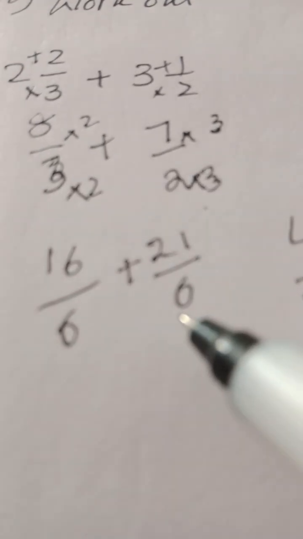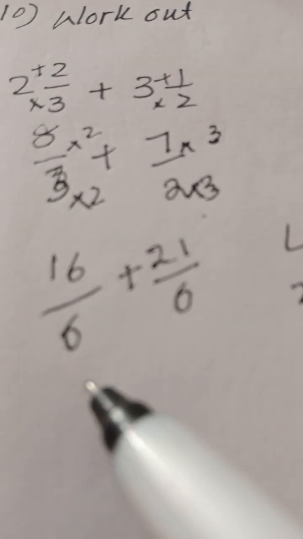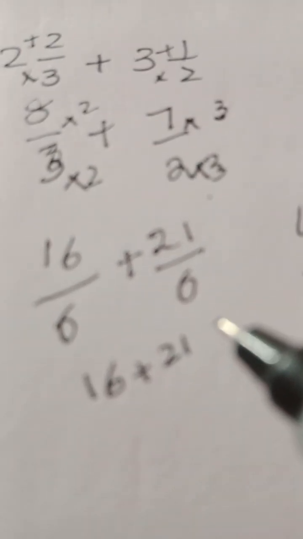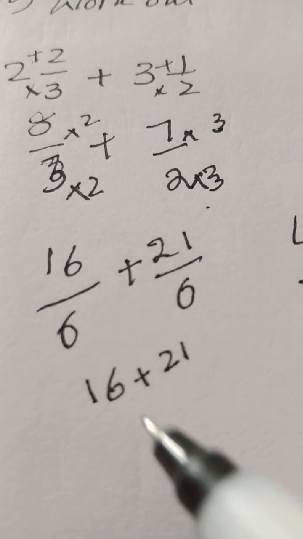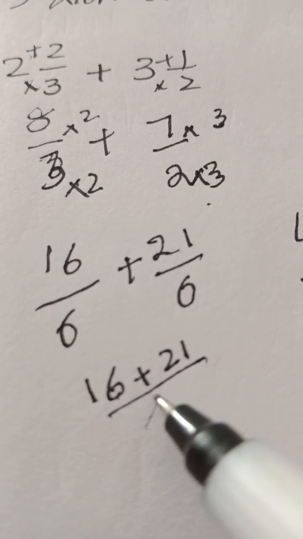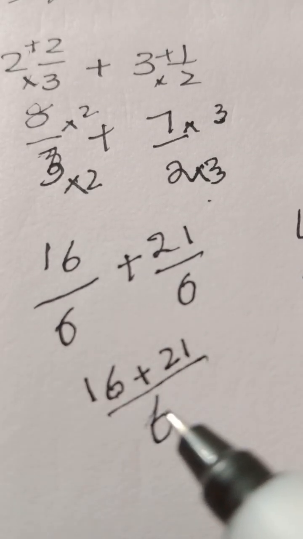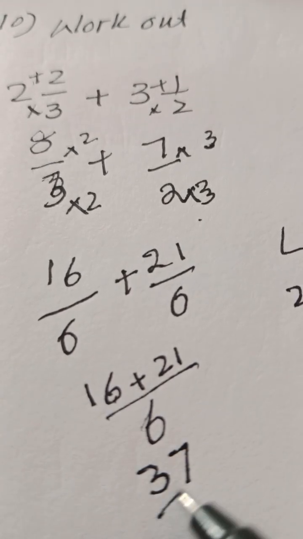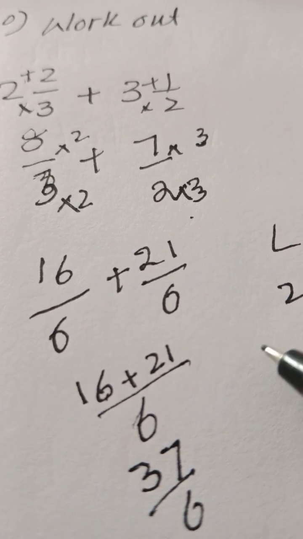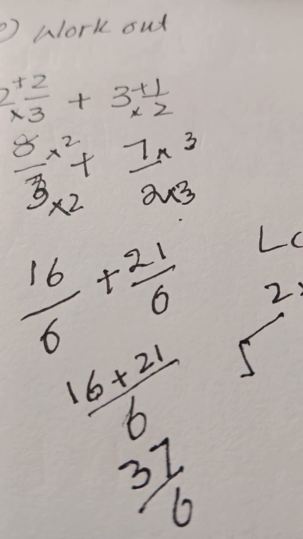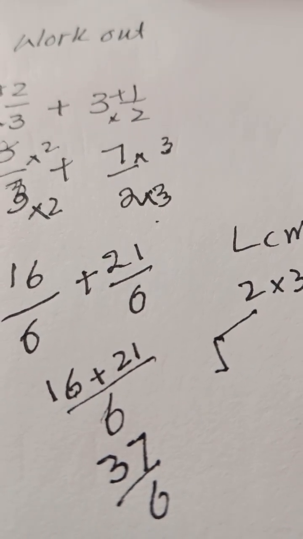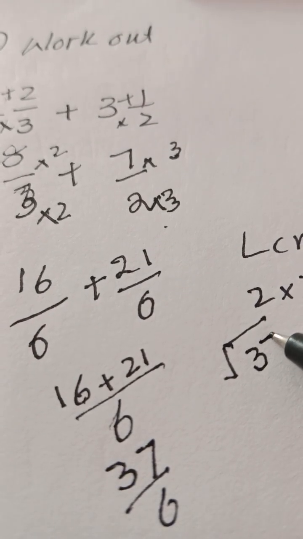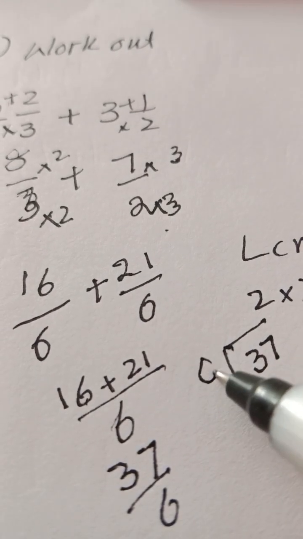Now we have common denominator here. We will add the numerators directly. 16 plus 21 divided by 6. If we add 16 and 21, we will get 37 by 6. Now we will convert it into mixed number form. We will divide 37 by 6.